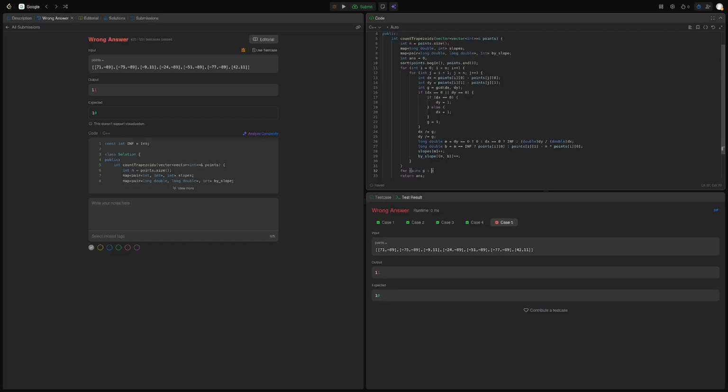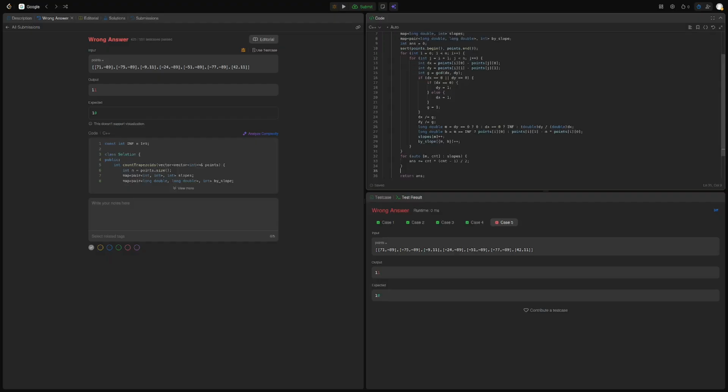And then for auto p, that's like a m count in slopes, and then ans plus equals count times count minus 1 divided by 2, and then for auto p count by slope.